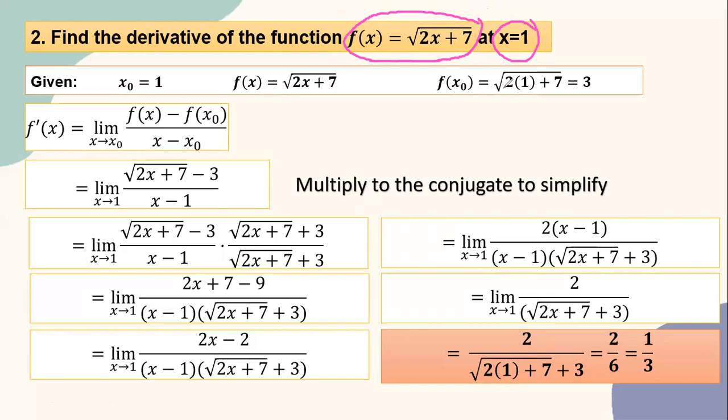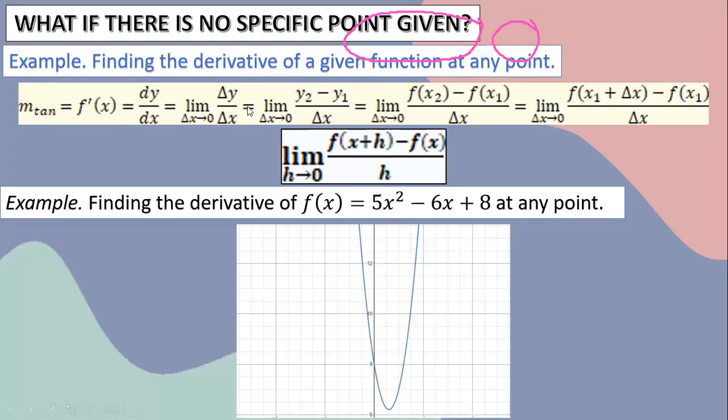And then we get the derivative at that given point by using the formula for the slope of the tangent line. So now my question will be, what if there is no specific point given?